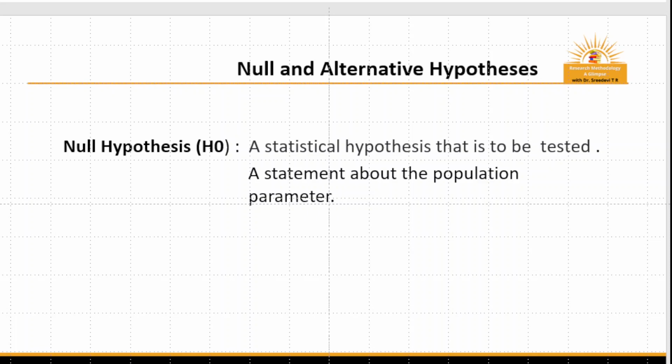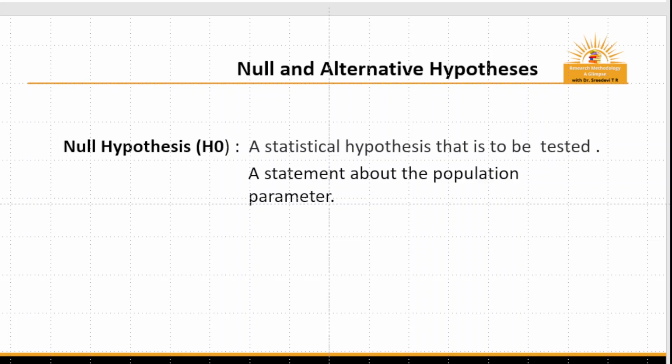Null hypothesis states that there is no relationship between two population parameters, that is between an independent variable and dependent variable, or between variables. Null hypothesis can be tested to conclude whether or not a relationship exists between variables, usually denoted by H0.